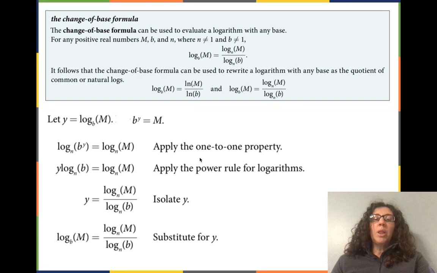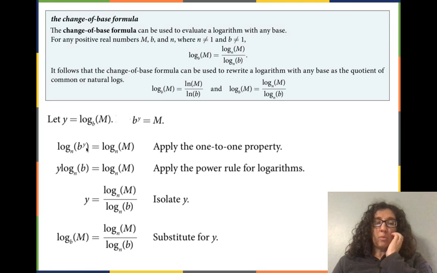This says apply the one-to-one property. What does that mean? If two things are equal, then we know that their insides are equal, or if their insides are equal, we know that log of those numbers is equal, because log is a one-to-one function.